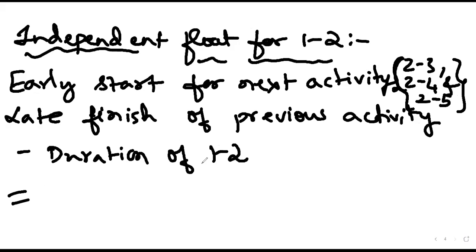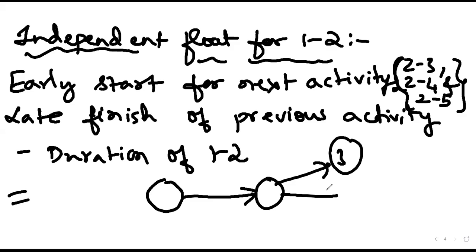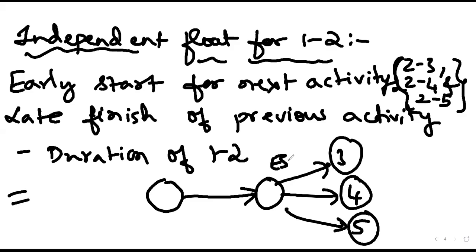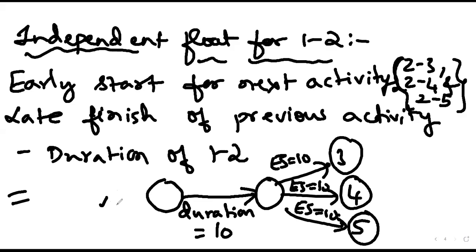For 2-3, 2-4, 2-5, all of the early start is equal to 10. The duration is also equal to 10, and late finish is 0. Correct. That is the reason the answer will also be equal to 0.